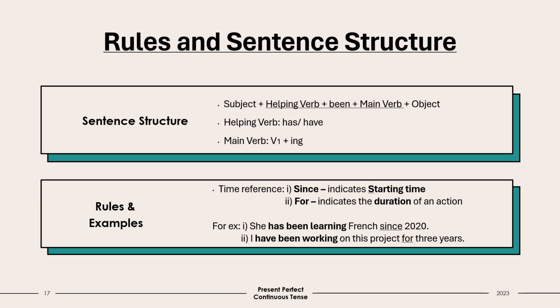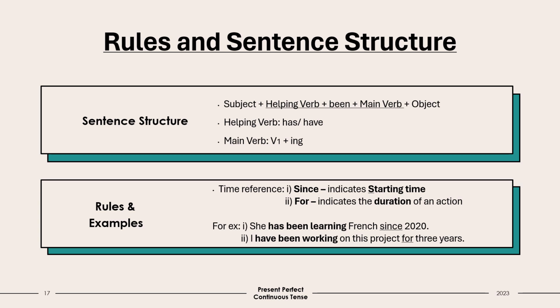In continuous tense we use verb ka first form plus ing. So we are going to use that, and then we will need to join these two different tenses, and to join these two different tenses we need a kind of Fevicol, and that Fevicol is the word been here, B-E-E-N.